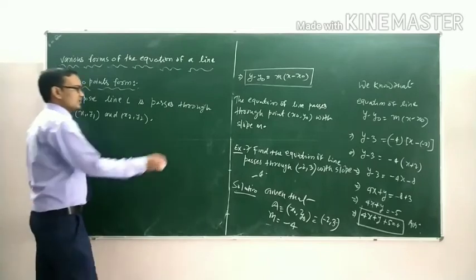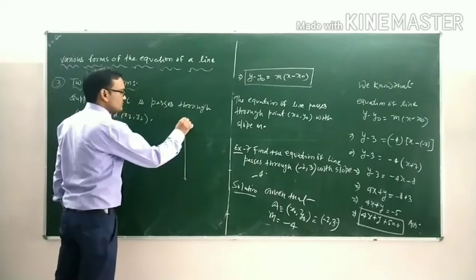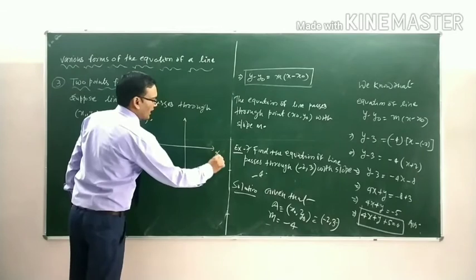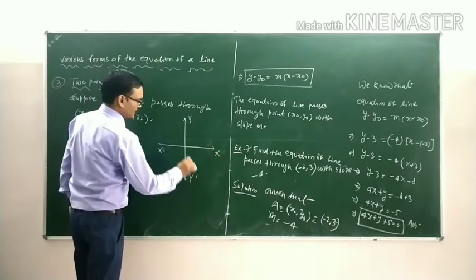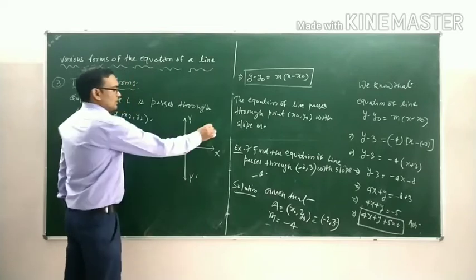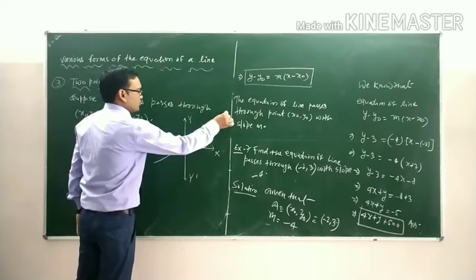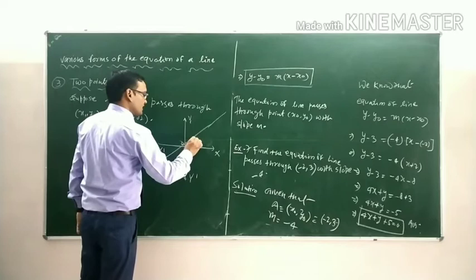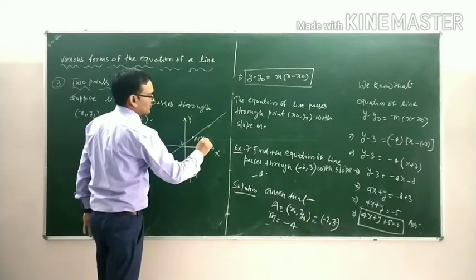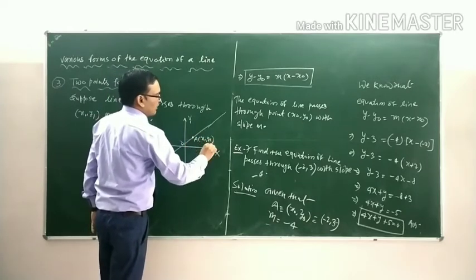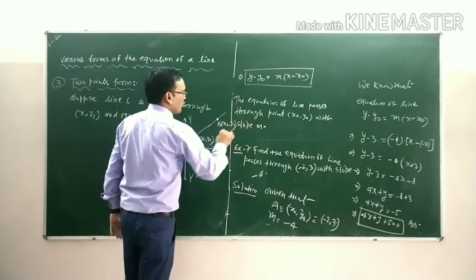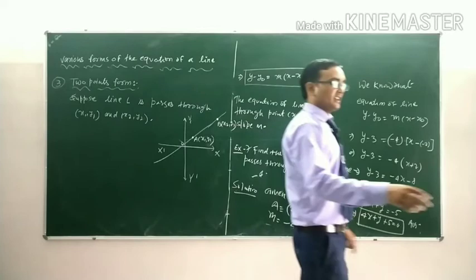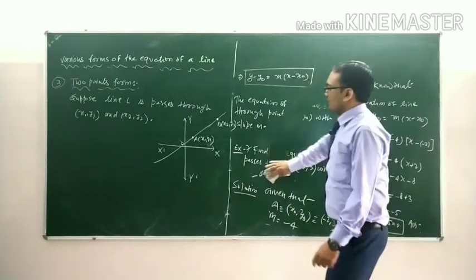Okay students, in a Cartesian plane, X'OX and Y'OY, a line passing through two points. First is A, x1, y1 and B is x2, y2. Then we find the equation of the line.